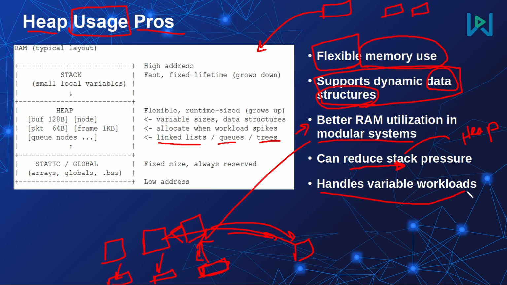And finally, the heap will allow better handling of the different buffer and variables allocation workload. This means it depends really on the spikes that we are getting within our software utilization.